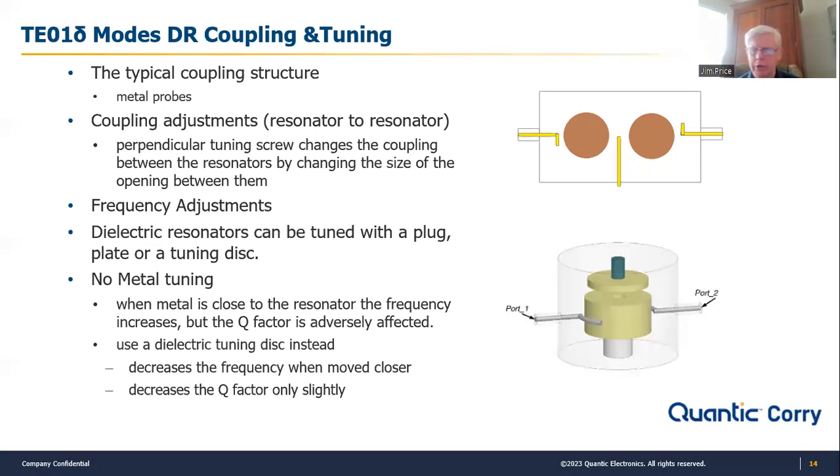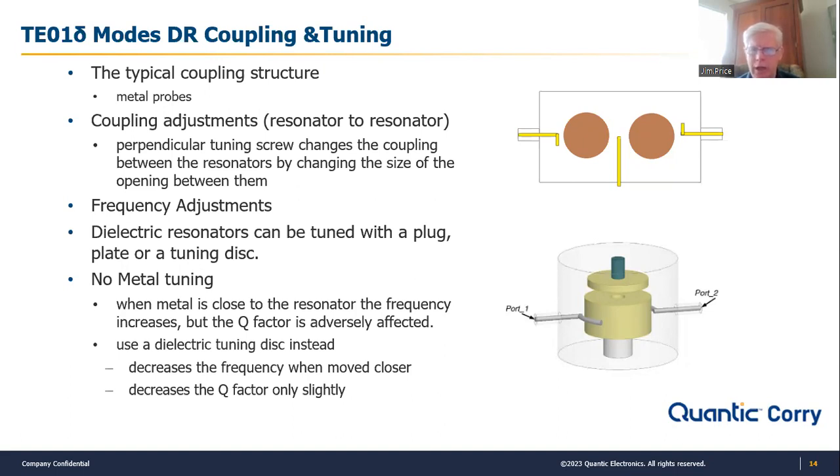If you want to couple energy from one resonator to the next, take a look at the diagram at the top. You can space the resonators apart from each other. The closer you get them, the more energy you couple.